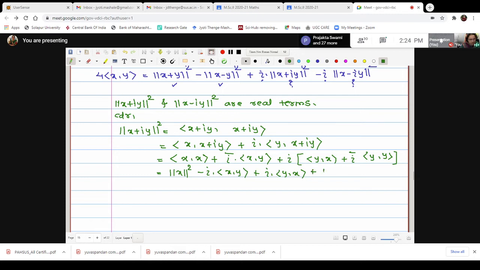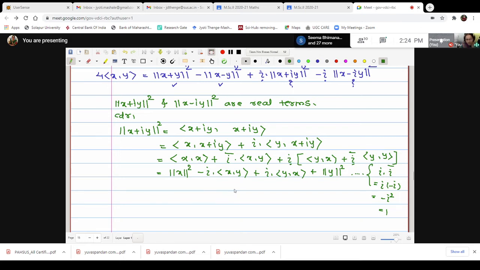Therefore, shall I write directly this is norm square of y? What I am doing is multiplying this i by i bar. I into i bar, what is it? I bar is minus i, minus i square is the term, and we know minus i square is 1. Therefore, I am writing directly norm square of y.